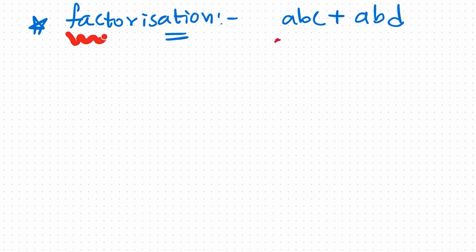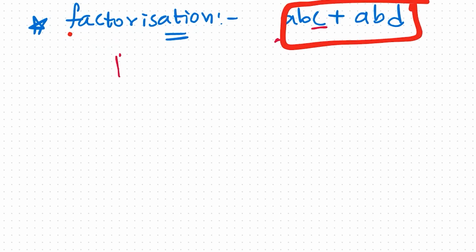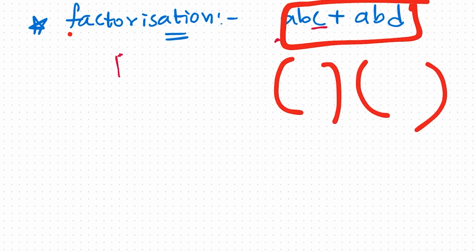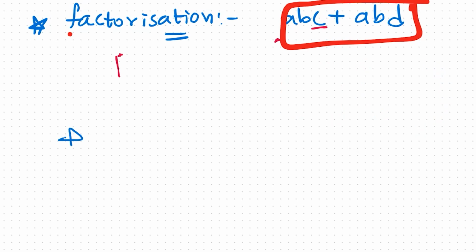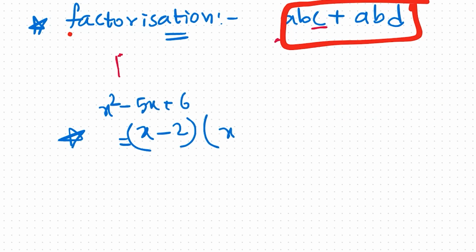What is factorization anyway? What do you understand by factorization? Like what factors can go into a product? Factorization of an expression means writing the expression as a product of something into something. That is called factorization. Let's say I write x squared minus 5x plus 6 as x minus 2 into x minus 3.